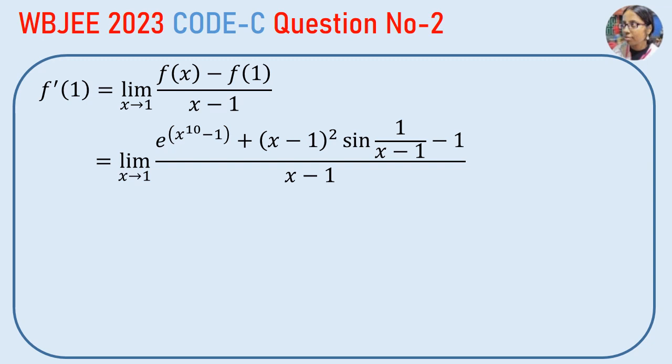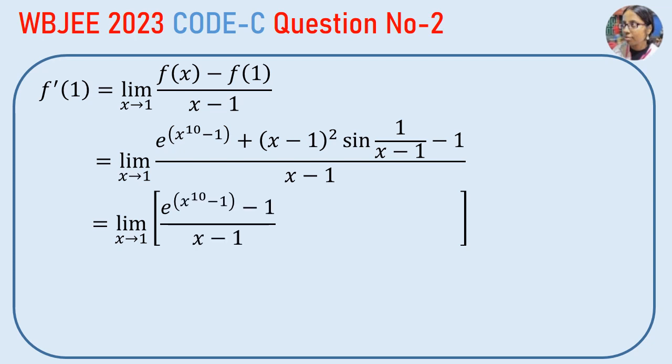Now using (a plus b) upon c is equal to a upon c plus b upon c, we get limit x tends to 1 of (e to the power x to the power 10 minus 1 minus 1) upon x minus 1 plus (x minus 1) whole square times sin 1 upon x minus 1 by x minus 1.